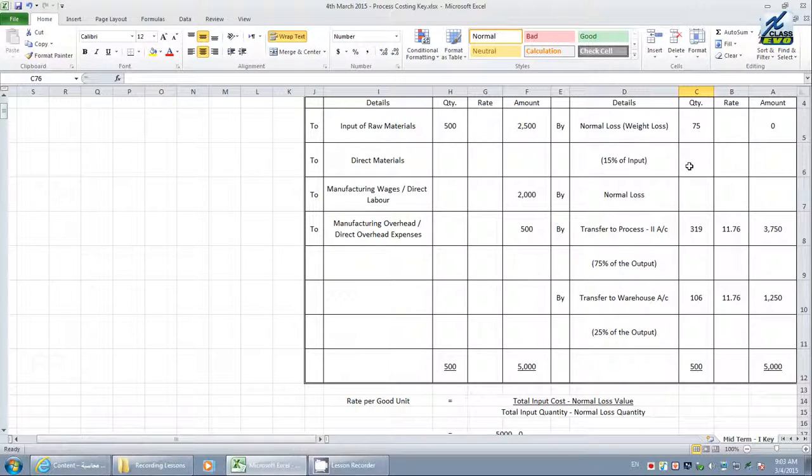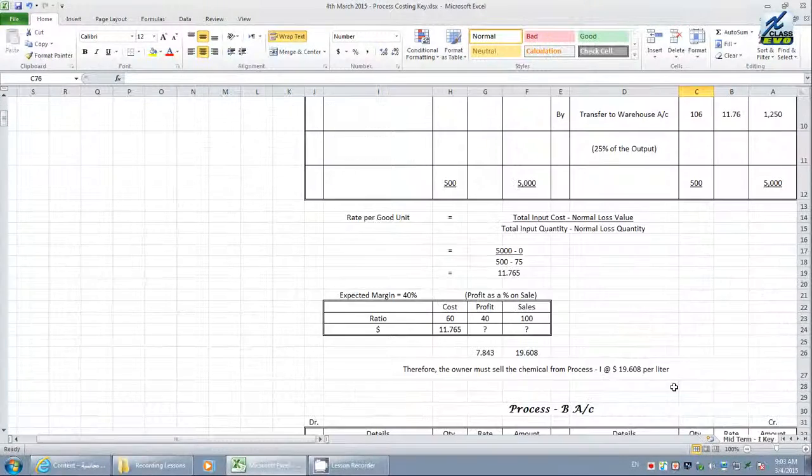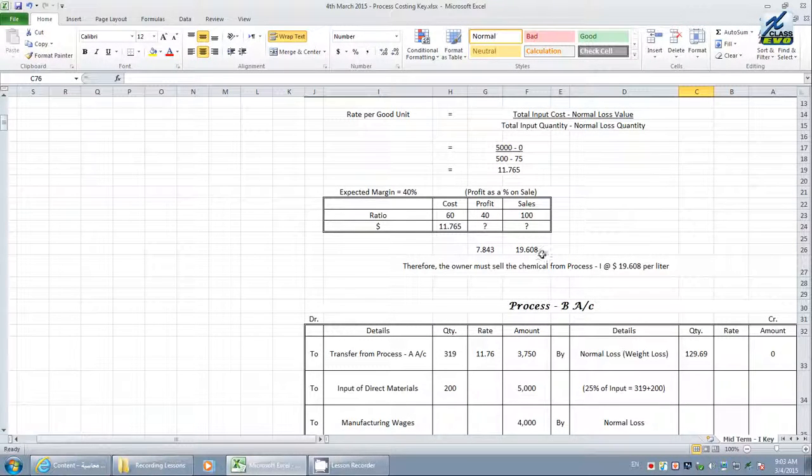Next, how much you want to transfer to the next process, or transfer to the warehouse and sell in the market. Then you should know how much profit you want to earn.